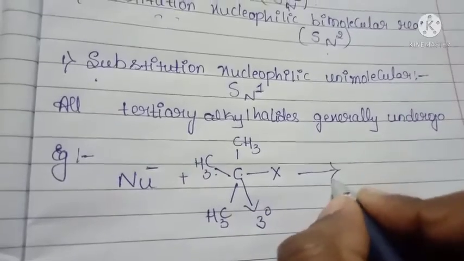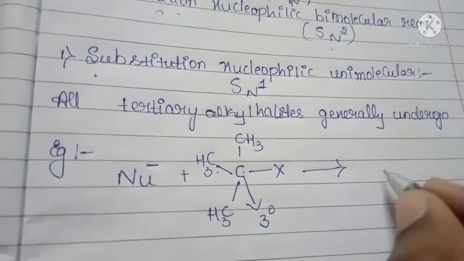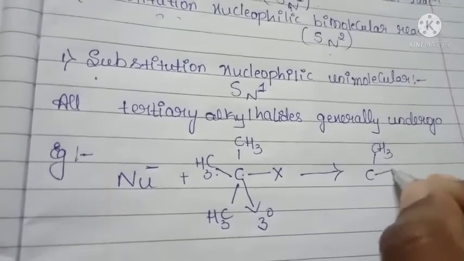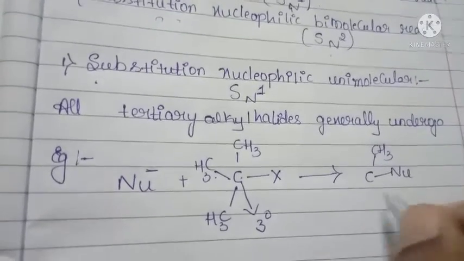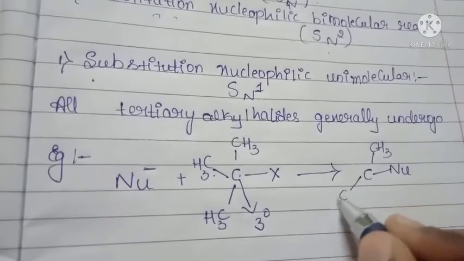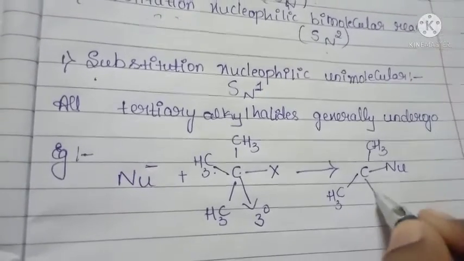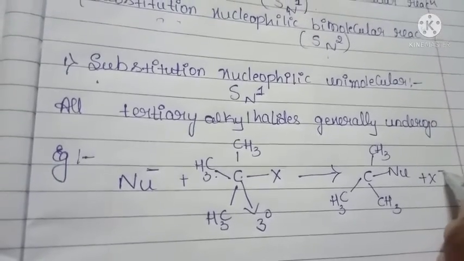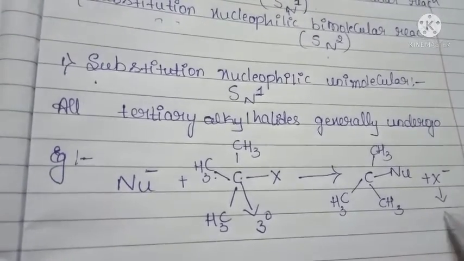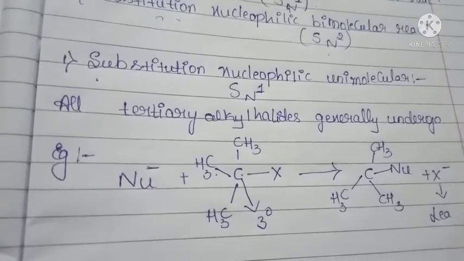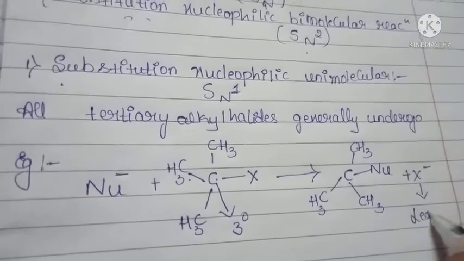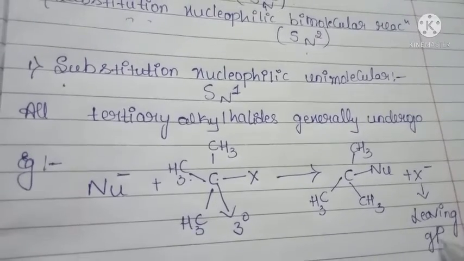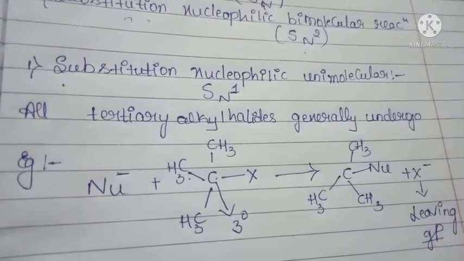Okay, and here it will react, it gives CH3, nucleophile is attached, nucleophile plus X minus, here X is the leaving group. In the place of X the nucleophile is replaced, so that's why X is the leaving group.